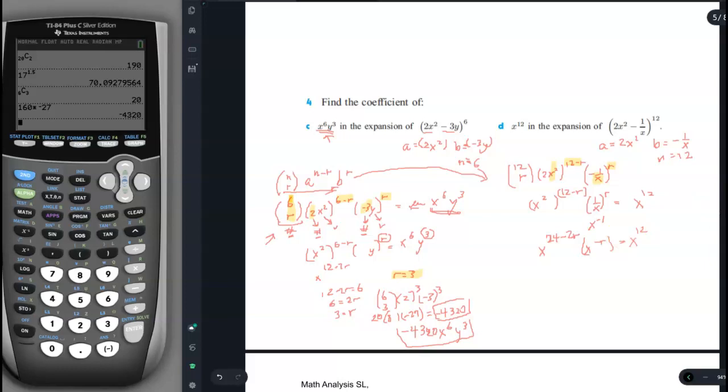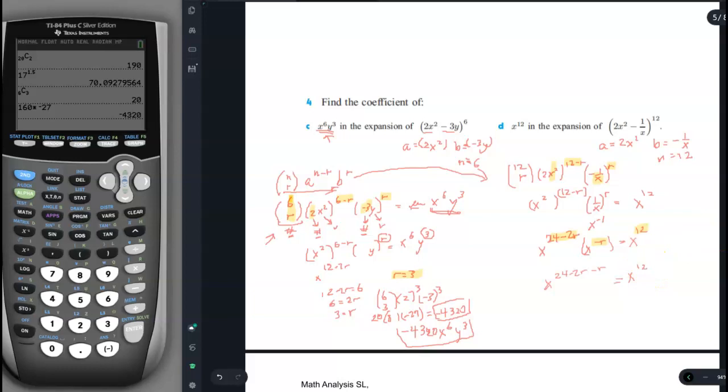If this all equals x to the 12th, we've done these kinds of problems before, right? These match. So 24 minus 2r minus r. Do you see how it's the same base twice? So I'm going to put all the exponents added together.